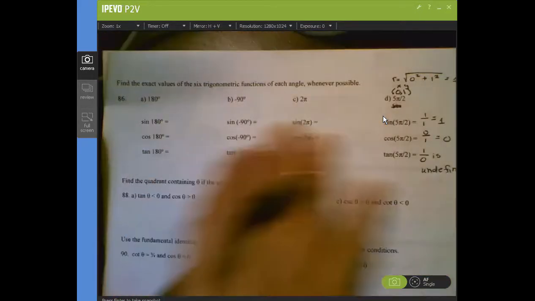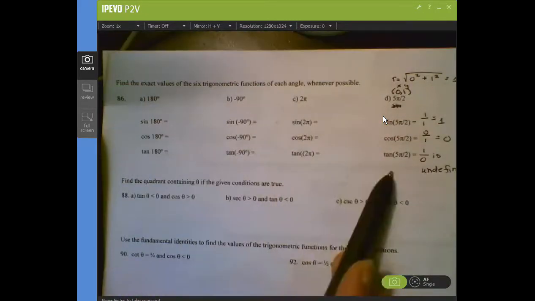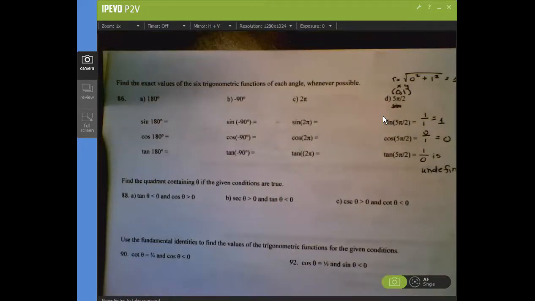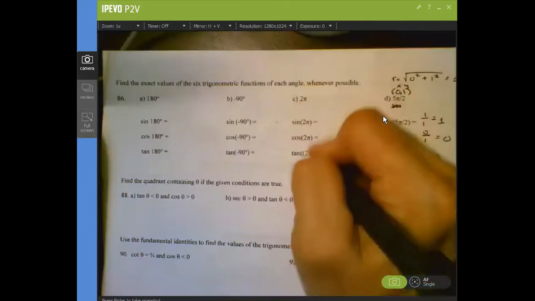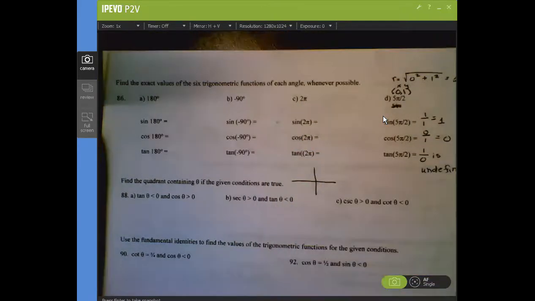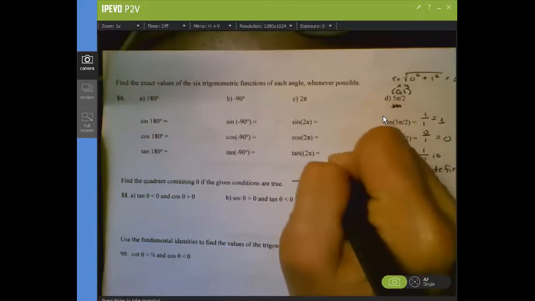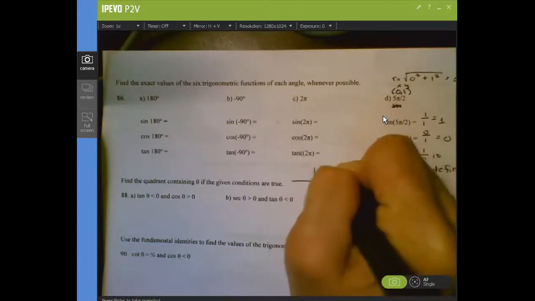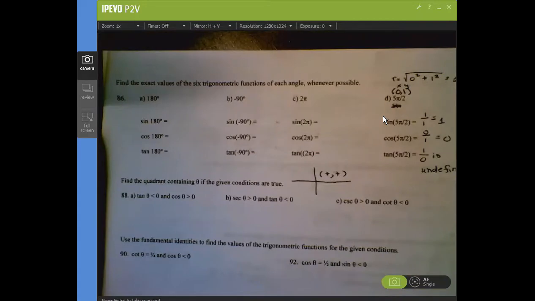Since you're using your unit circle, I'm not going to do all 3 parts of that. Last 2 kinds of problems. Number 88 says, find the quadrant containing theta if the given conditions are true. I want you to think about the signs of all the ordered pairs in each of the quadrants. In the first quadrant, both the x and y are positive.